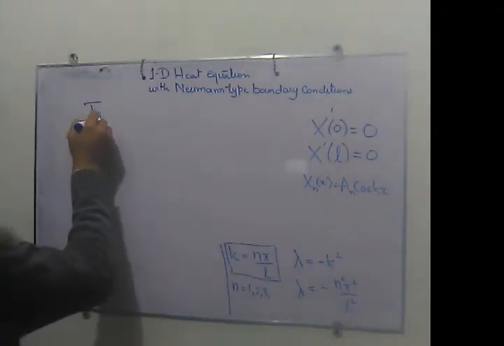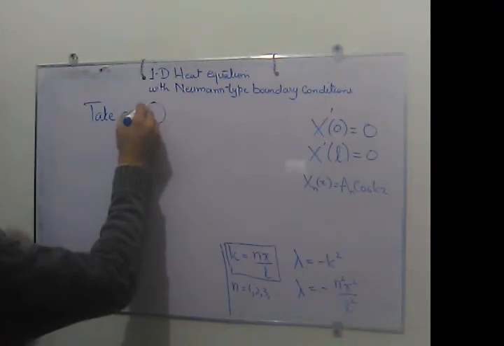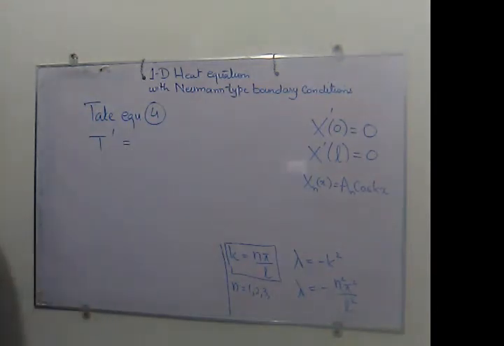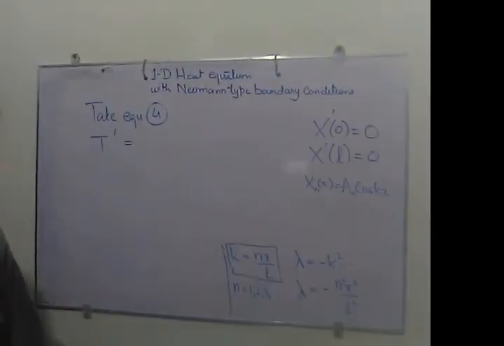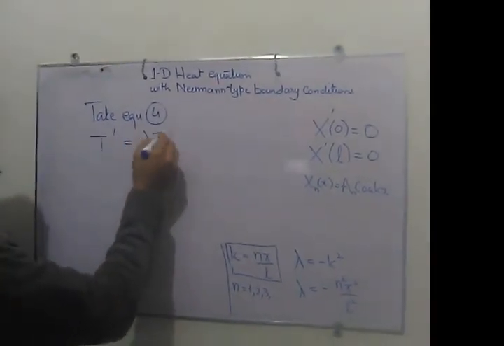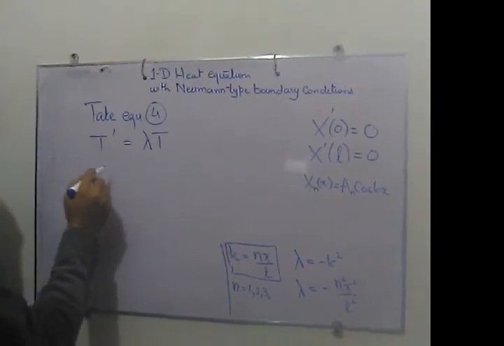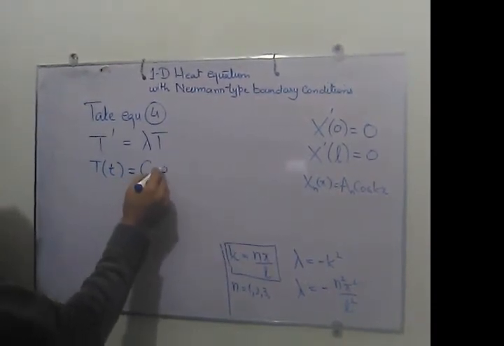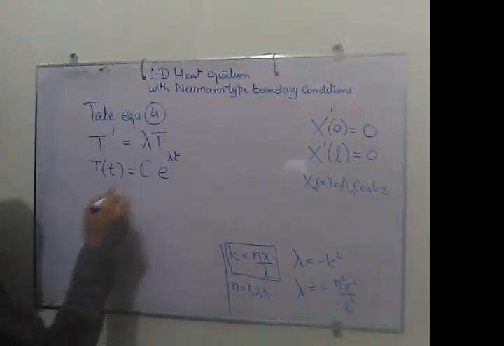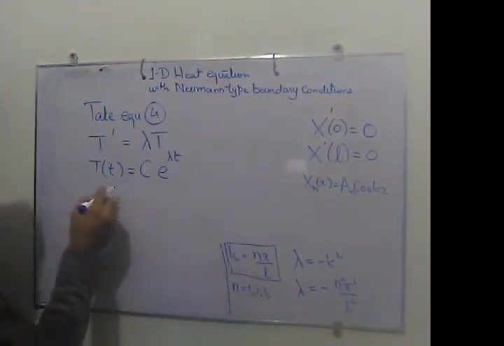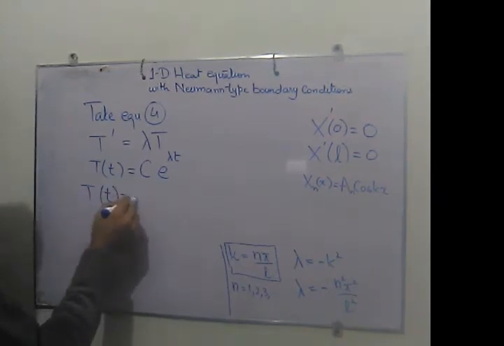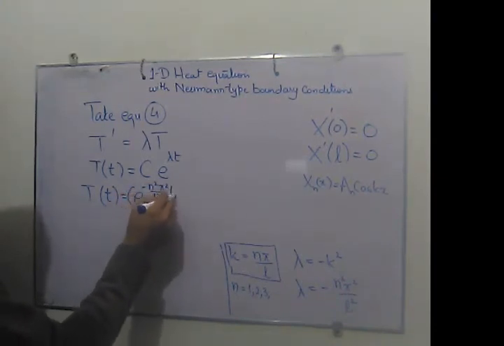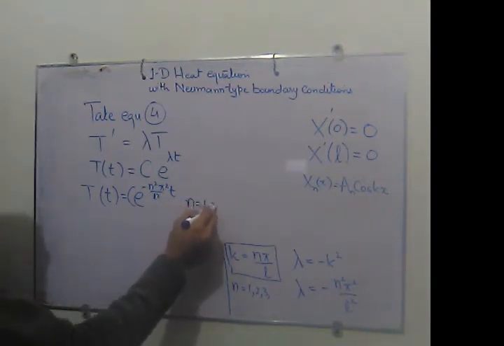Now we take equation number 4, which is T dash is equal to lambda T. Now the solution for this first order differential equation is T of t is equal to some constant c exponential lambda t, and when we replace lambda with its value we have c exponential minus n square pi square upon L square into t, where n is equal to 1, 2, 3 and so on.